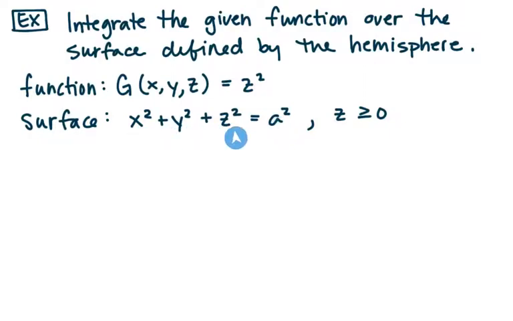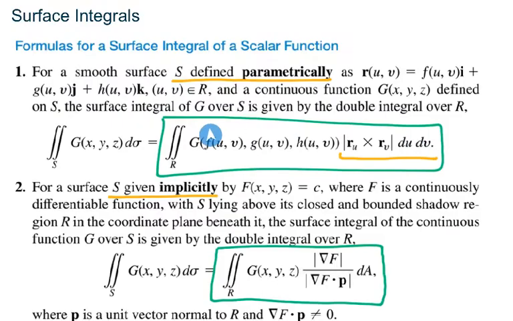Since we're dealing with a sphere, it makes sense to parametrize this using spherical coordinates. If this is defined parametrically, then we're going to use this first formula here. Not only will we need our g function evaluated at each of those parametric components, but then we'll need r sub u cross r sub v, the partial of r with respect to u and the partial with respect to v.